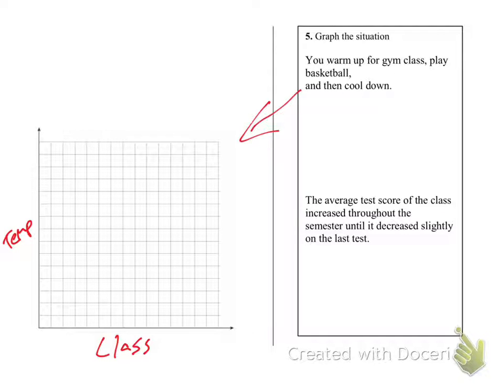So we'll start off just saying that that's your normal temp, just resting. You're going to warm up until you get pretty warm. You're going to play basketball for a while, and then you're going to start to cool down. It can also be something a little more sharp, something like that, play basketball, and then you cool down. But then up here.